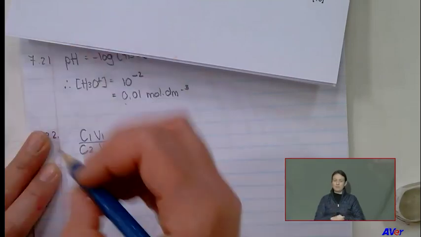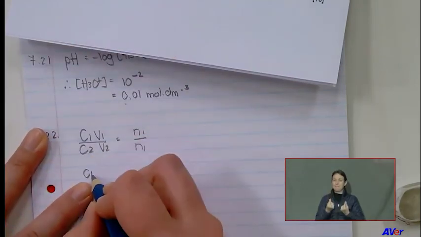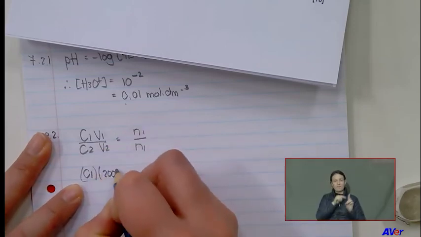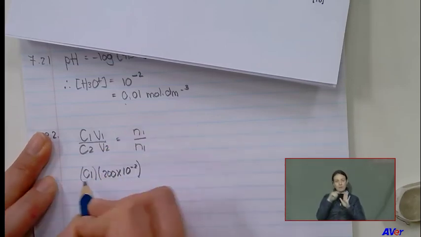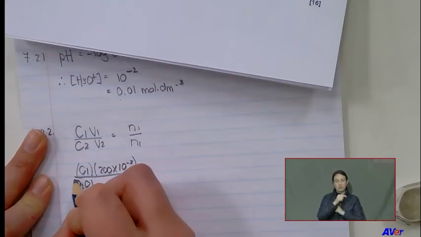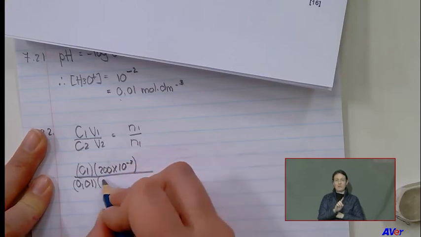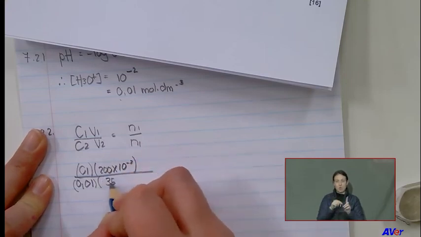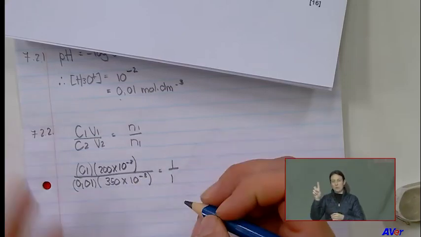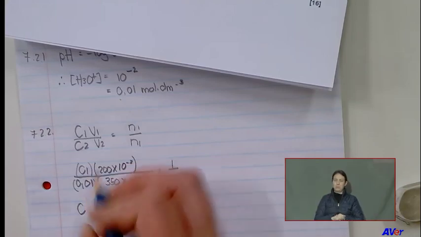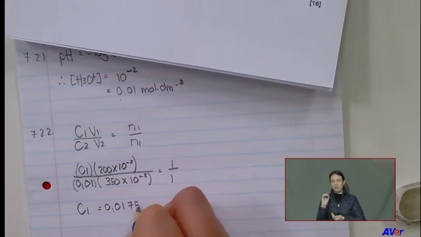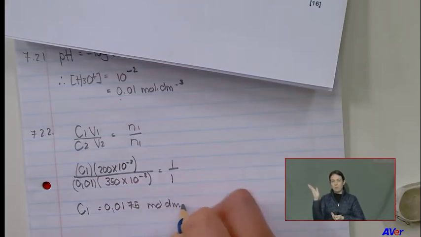So, first of all, the concentration of the acid that reacted, the volume, which is 200 times 10 to the power of negative 3, divided by the concentration, which is 0.01, and the volume is now 350. And it's a 1-to-1 ratio. So, that then tells me that C1 is 0.0175 moles per decimeters cubed.